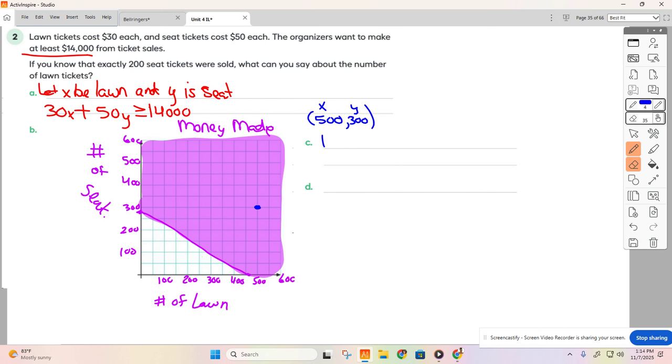That means they sold 500, what was my X label? Lawn tickets. And 300, what is the Y label? Seat tickets. That's a lot of tickets.